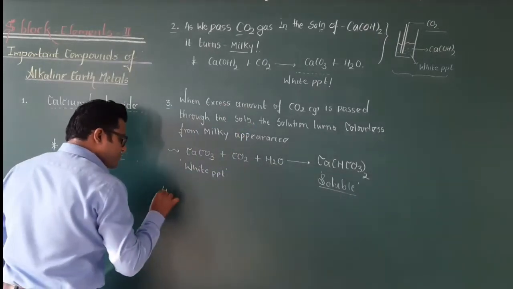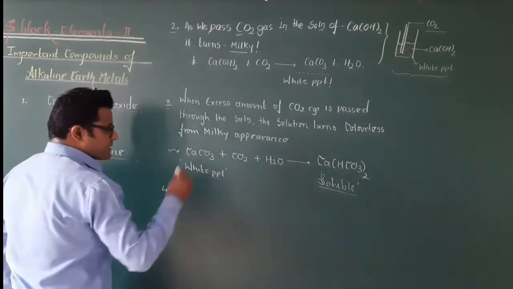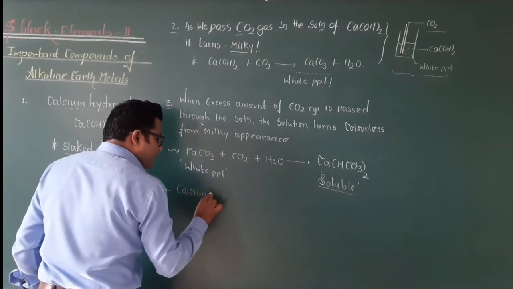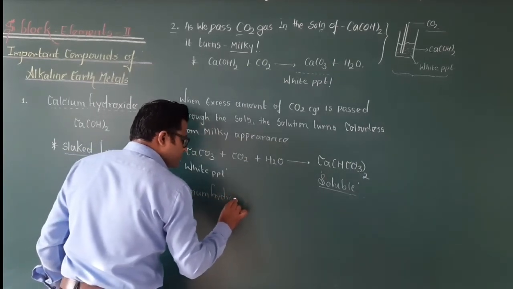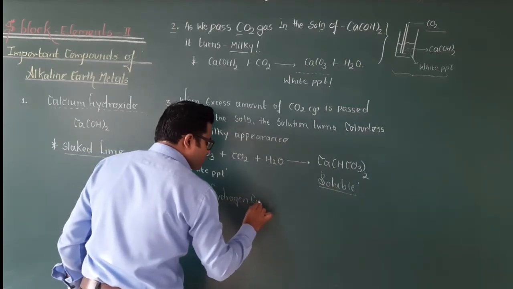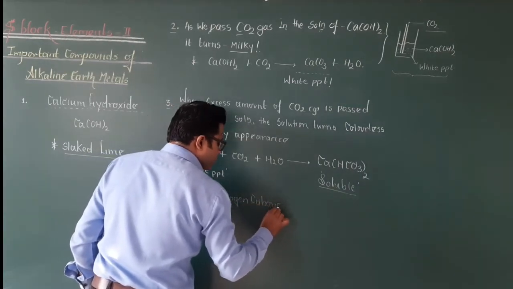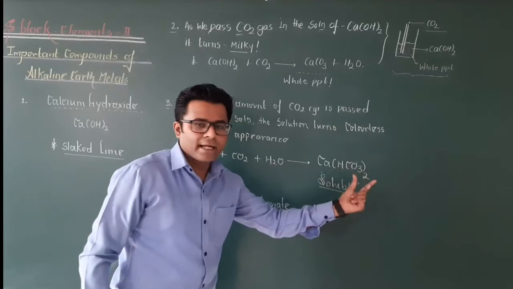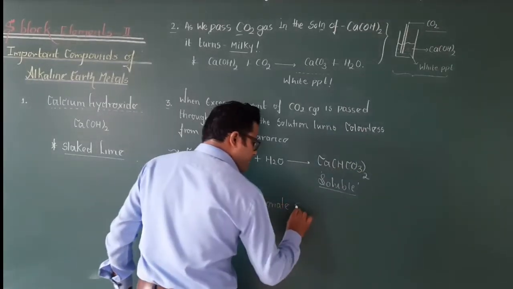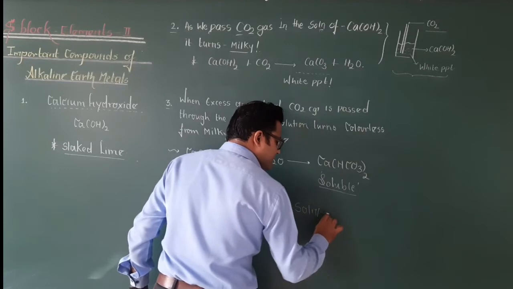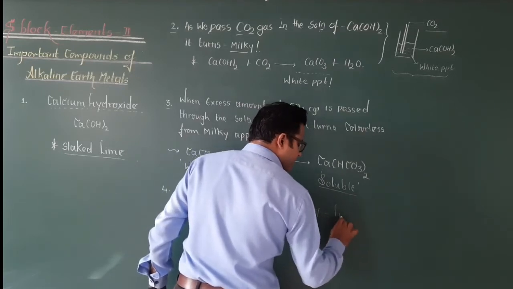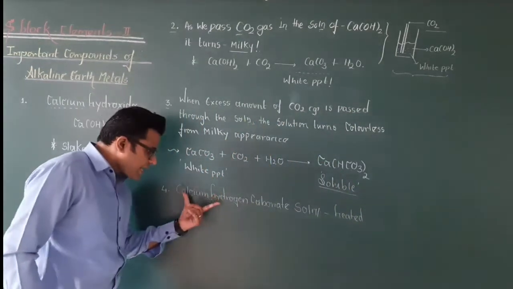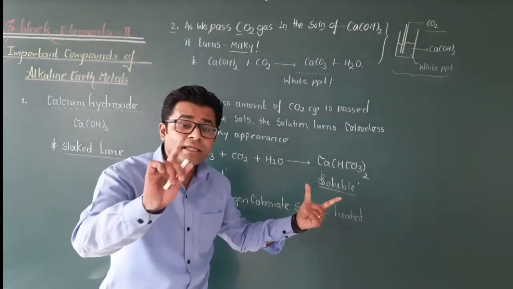Now coming towards the next one, as we take this calcium hydrogen carbonate solution, which is also called calcium bicarbonate, and if we heat it, this calcium hydrogen carbonate will get decomposed.